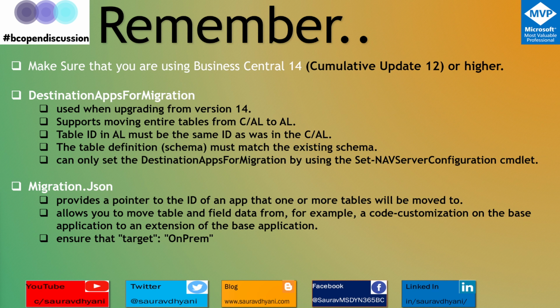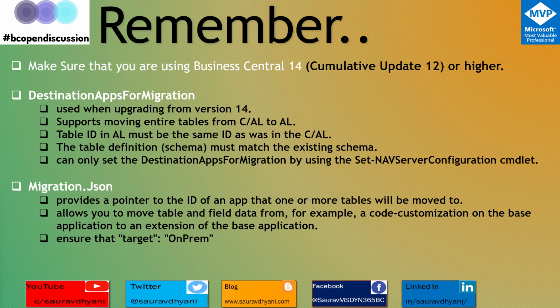According to the Microsoft documentation, the destination app for migration is used while you are upgrading from Business Central 14 to an AL version, and it supports moving the entire table from CAL to AL. So if you have any new table in CAL which you would like to move to an AL table, you will need to use this property called destination app for migration.